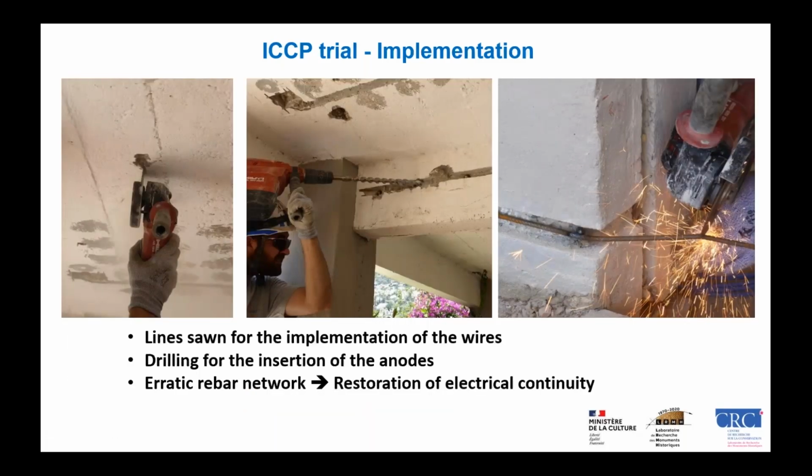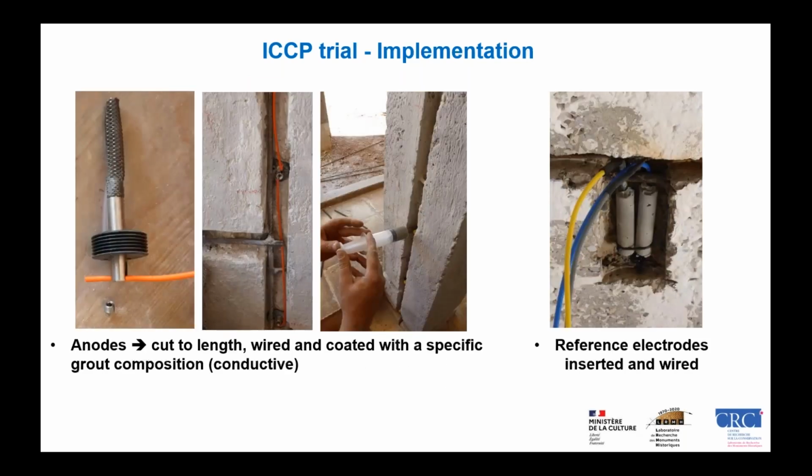So here, the details of the implementation with lines sawn for the wires, drilling for the insertion of the anodes. And as I mentioned earlier with the challenges, the rebars were not connected, so we had to restore the electrical continuity. So here you can see the nodes that were implemented and coated with a specific load composition, and then the reference electrode inserted and wired.